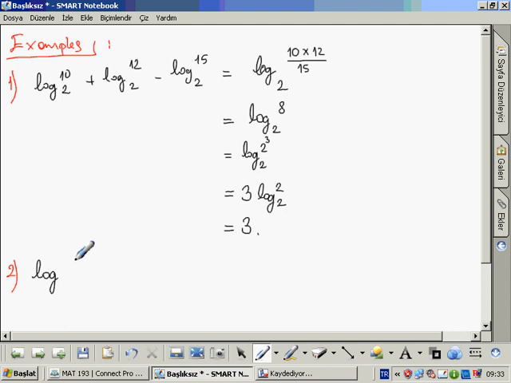And another example, logarithm of a cube to the base a square. That's very simple, but let's write it: 3 times logarithm of a to the base a square.